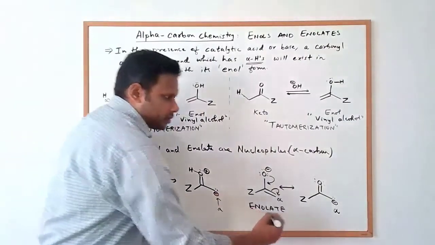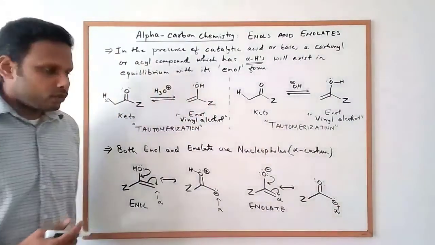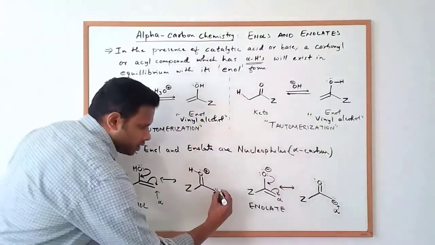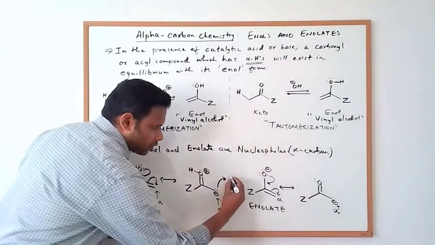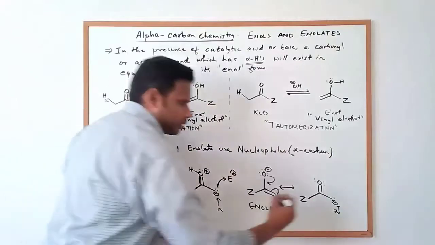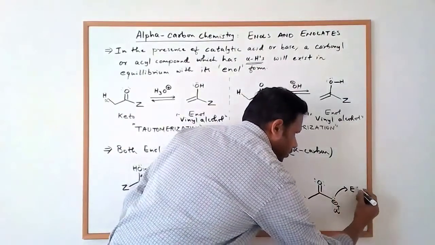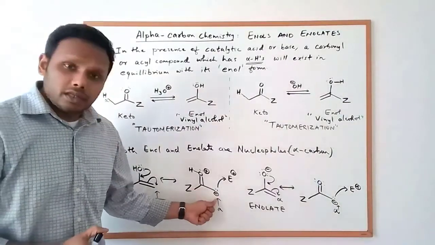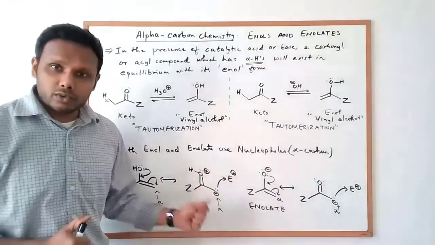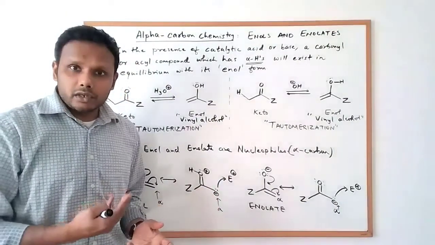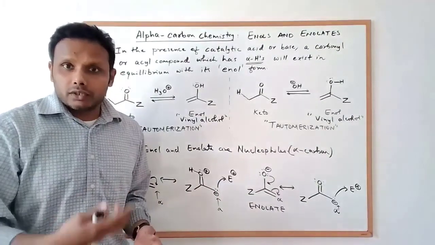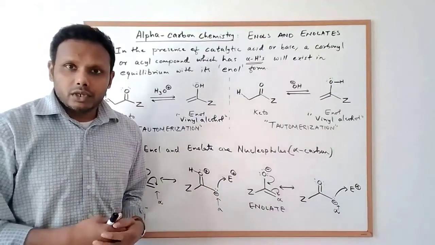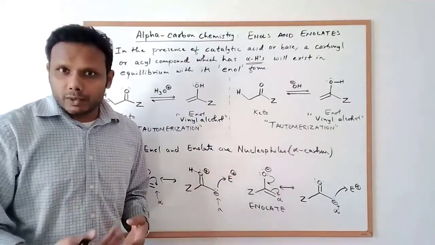So the alpha carbon can serve as a nucleophile in both the enol and the enolate, which means when you have an electrophile, you can use these electrons to attack it. And this nucleophilic alpha carbon can be used for reacting with other carbon-containing compounds or other electrophilic carbons, like in alkyl halides or carbonyl compounds, and even with halogens. So you can do a variety of reactions here.